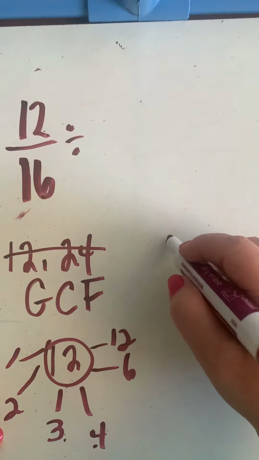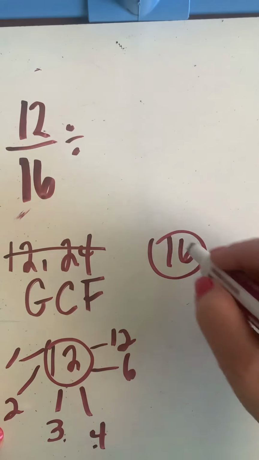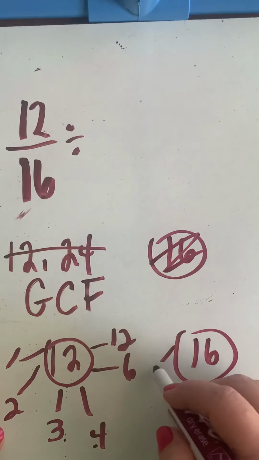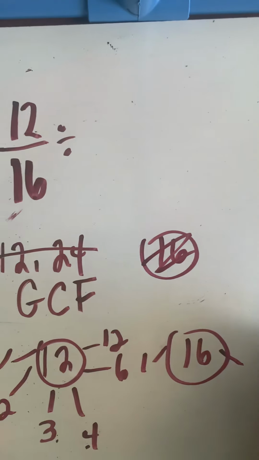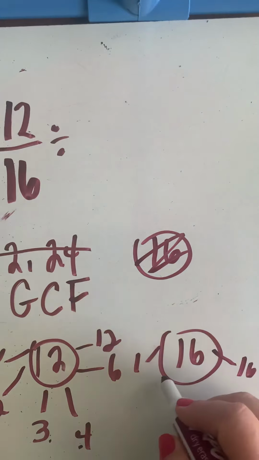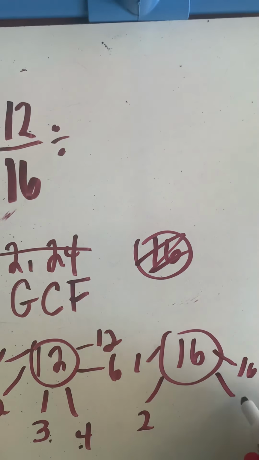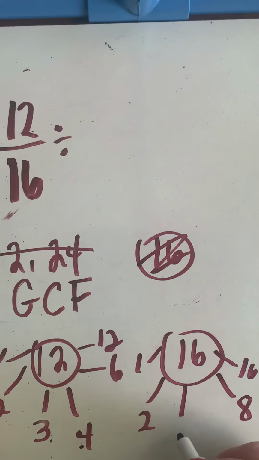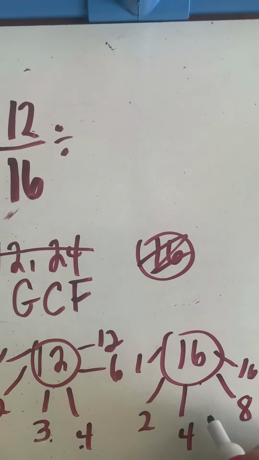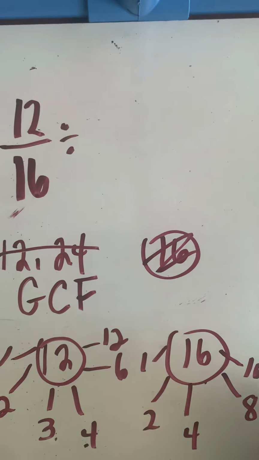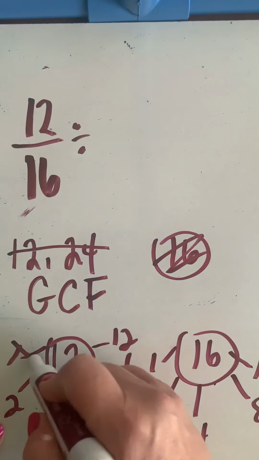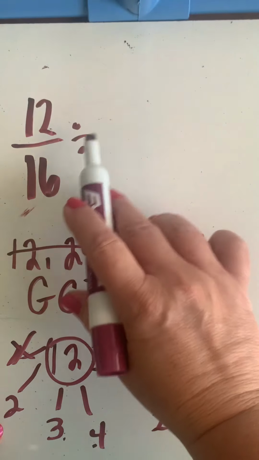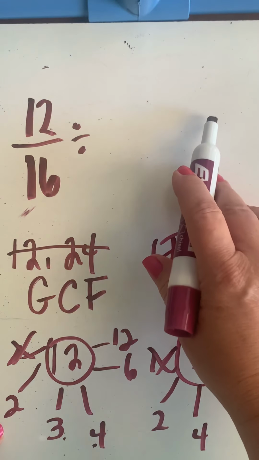Now we're going to look at 16. Oops, let's do it down here. 1 times 16. 2 times 8. 3 won't go into 16, but 4 will go into 16. 5 won't, 6 won't, 7 won't, so we're finished. We never use 1, because if I divided 12 sixteenths by 1, I would get 12 sixteenths.